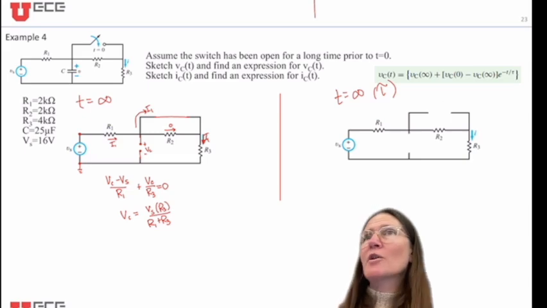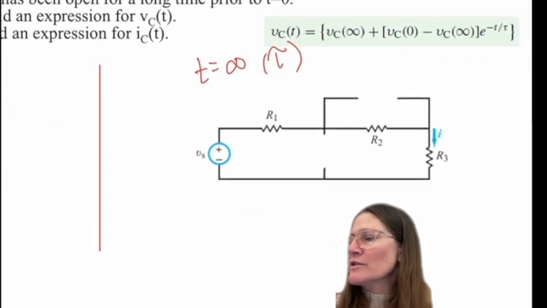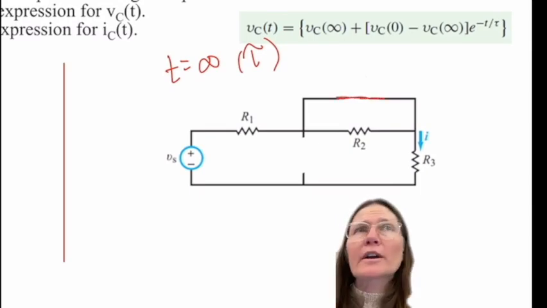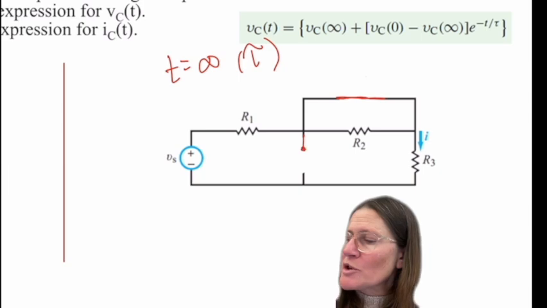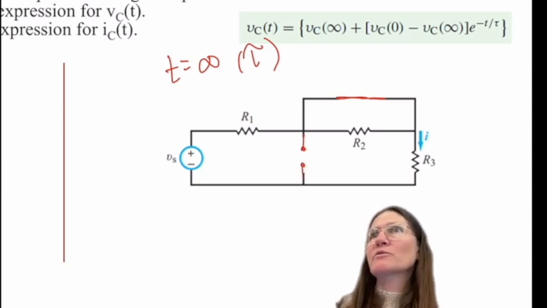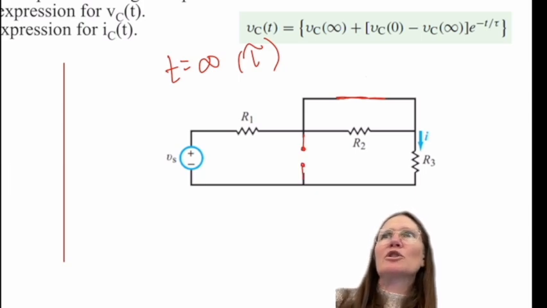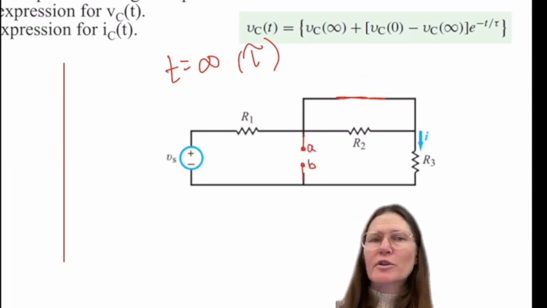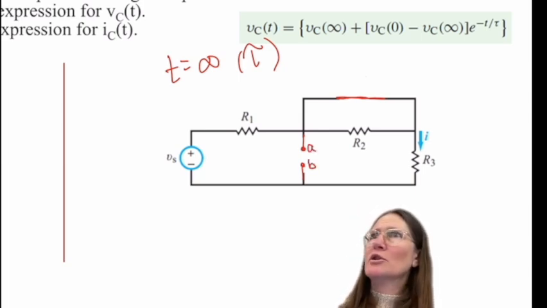For tau, we need to look at the final circuit, so we're again going to put the wire and take out the element. For an inductor that becomes a short; this becomes a little confusing. You take it out and put A to B wherever the location of the capacitor or the inductor is.